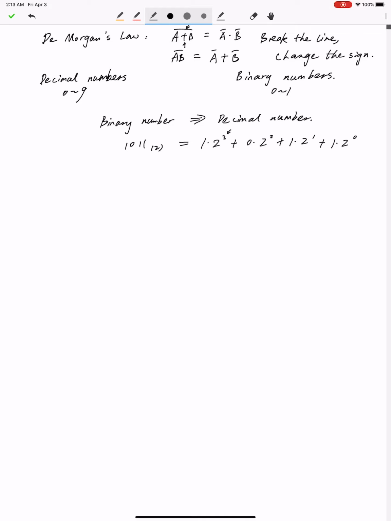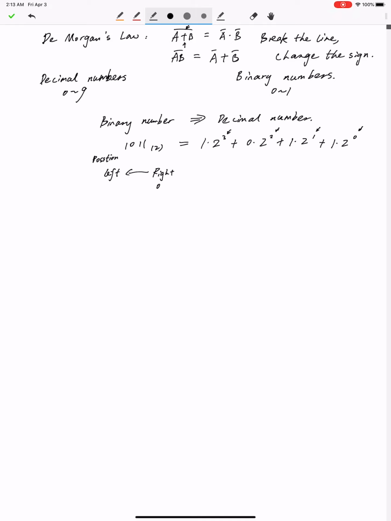And those power numbers are positions of each digit, right? The method we count the positions is from right to left and starting from 0.